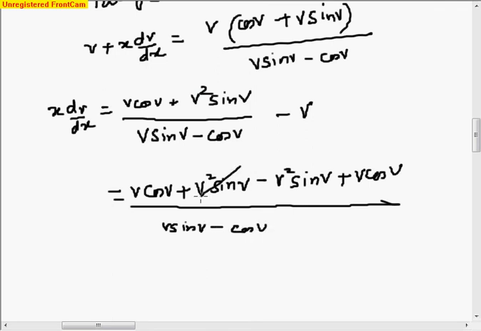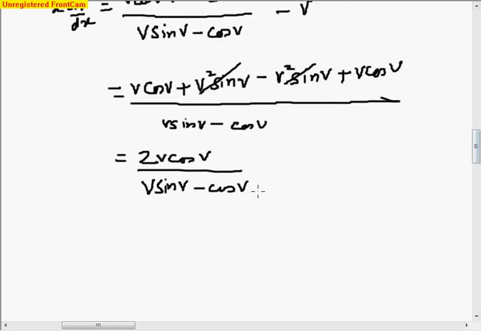This term and this term cancel, so this is equal to 2v cos v upon v sin v minus cos v. So I get this thing, (v sin v minus cos v) upon (v cos v) dv.